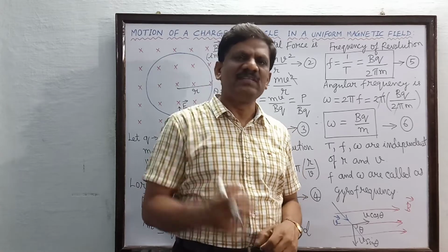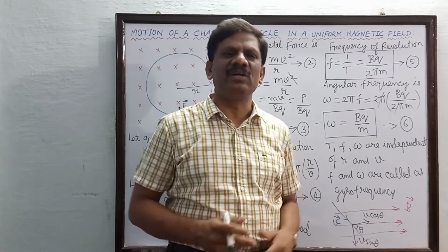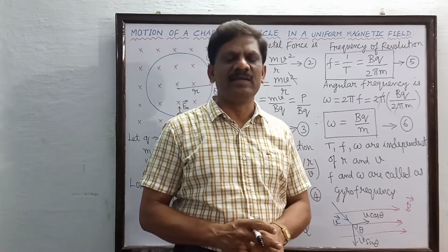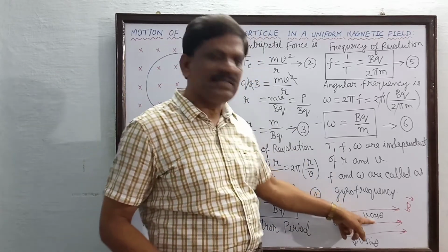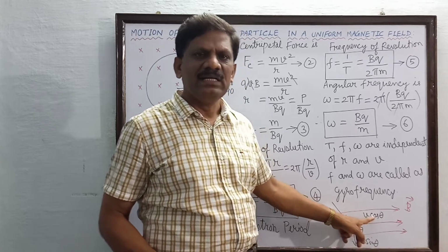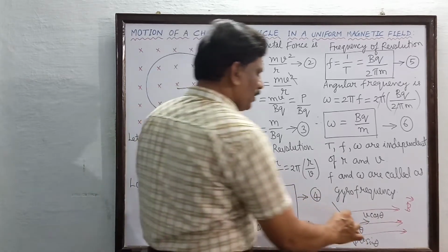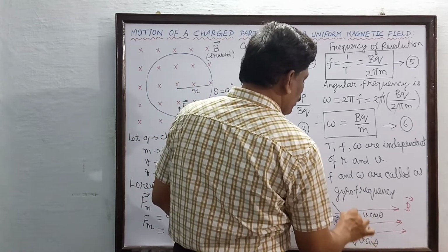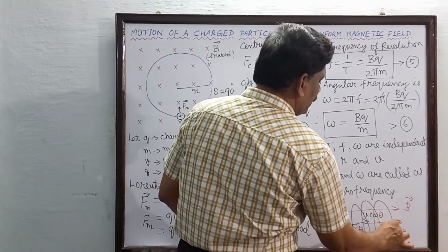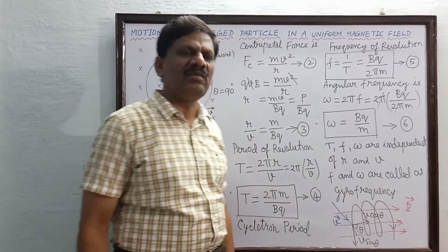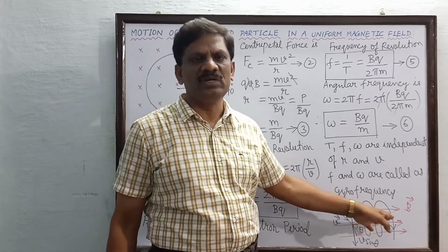The motion is a combination of translatory motion and circular motion. The component along the field has no force, so the charged particle will move in a helical path like this. A helix is a combination of translatory and circular motion both.